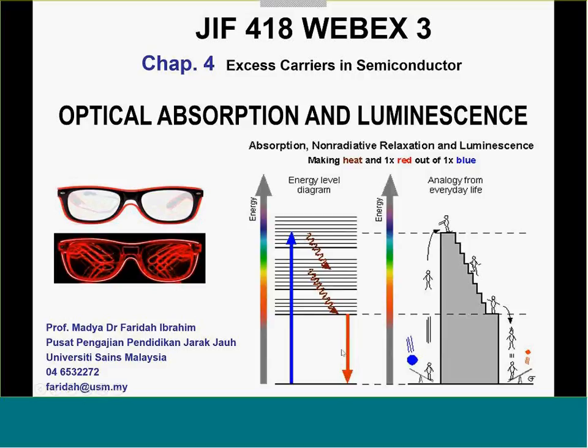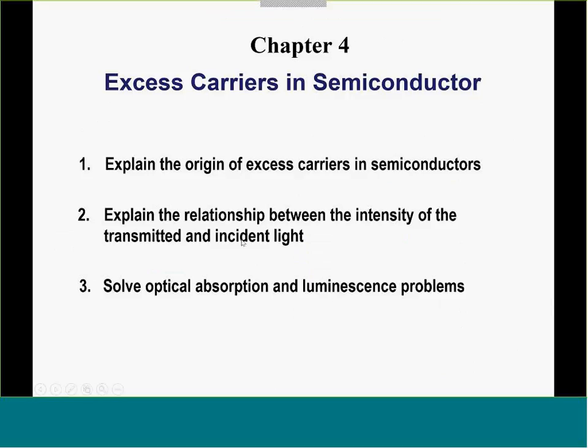So basically what we are going to learn today is to explain the origin of these excess carriers in semiconductors, and also explain the relationship between the intensity of the transmitted and incident light.